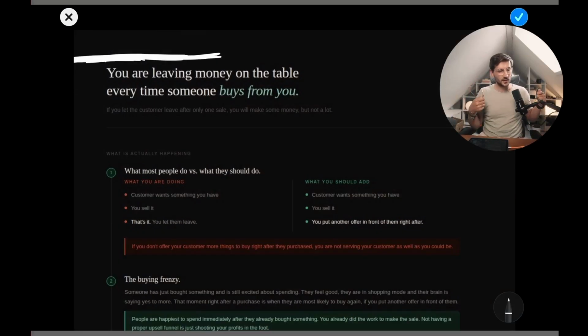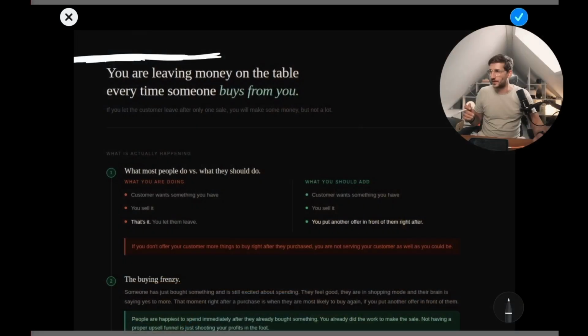Now, they're already in a spending mood, or they already searched for a solution to the problem they're having. Because of that, you can offer them the first step, the second step, three steps ahead. It all depends on how you actually create the journey.